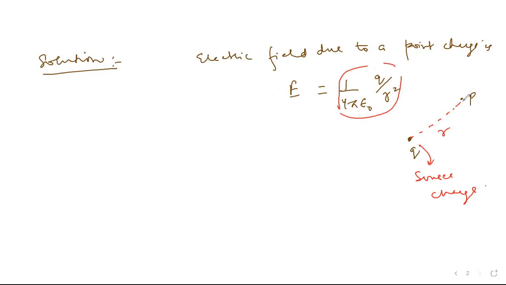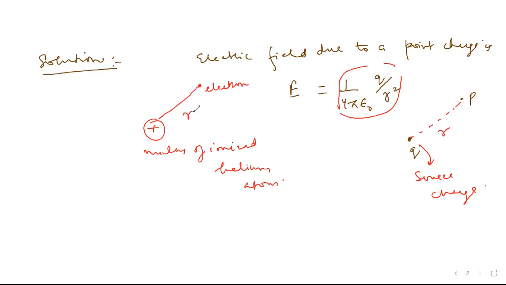Now we are asked to find the magnitude of the electric field. So the problem is we have this nucleus of ionized helium atom, and we have an electron in it. Distance r is given.